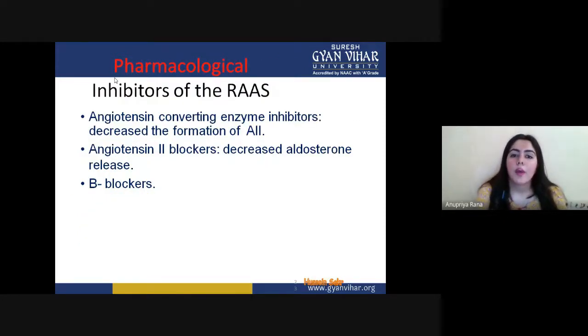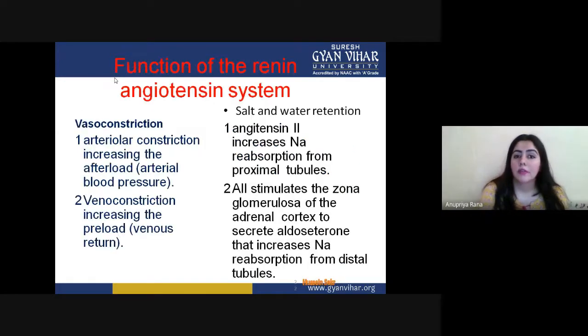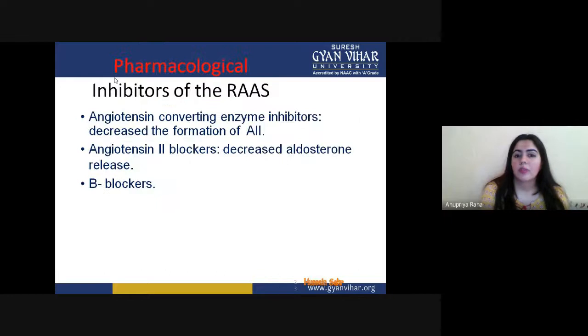Now, what are the pharmacological inhibitors of RAS, or you can say the renin angiotensin system? So, angiotensin converting enzyme inhibitors decrease the formation of angiotensin 2. Angiotensin 2 blockers decrease aldosterone release, and there are beta blockers.